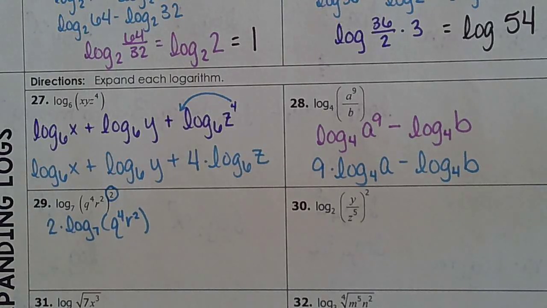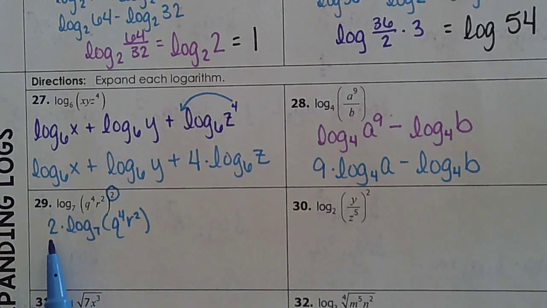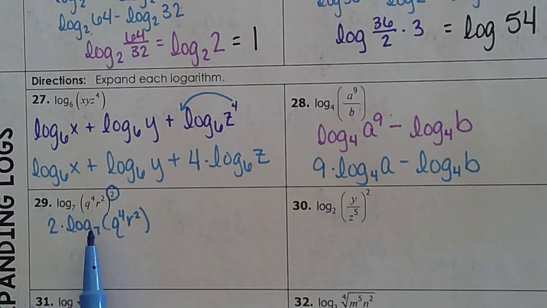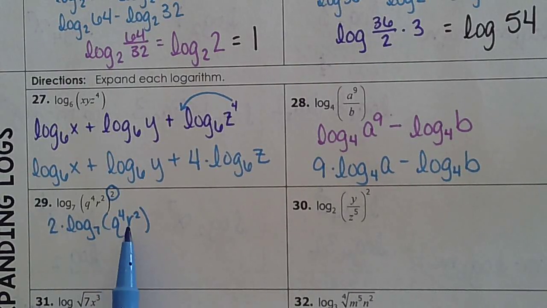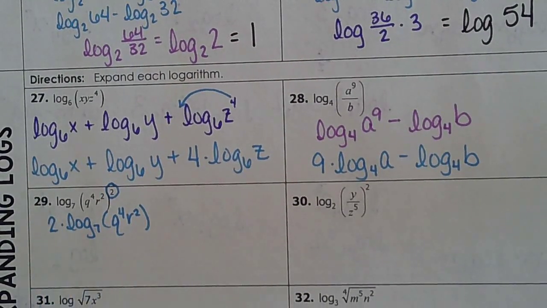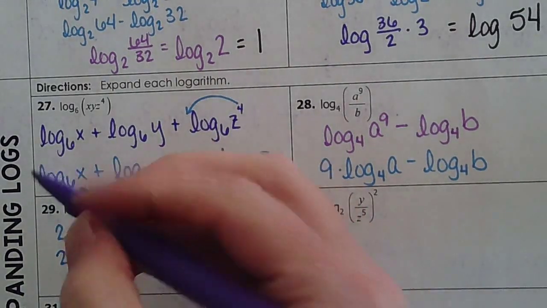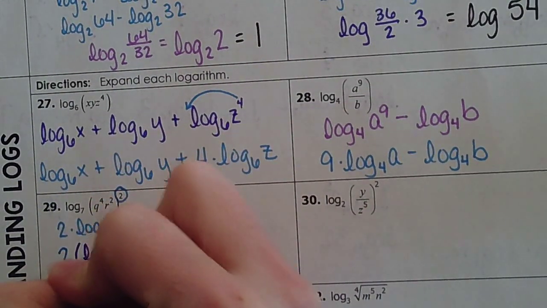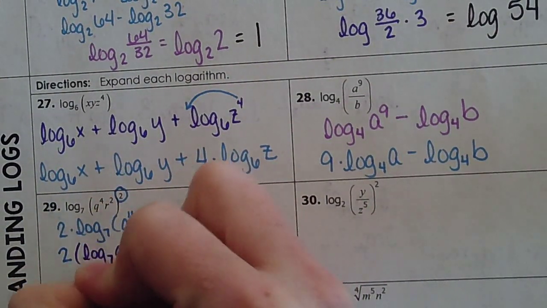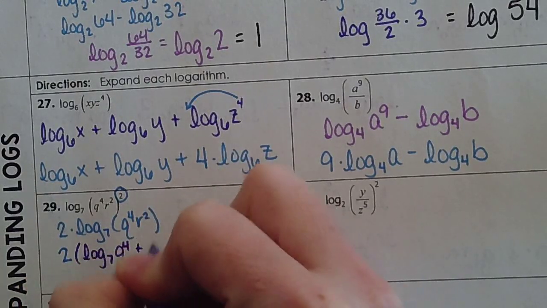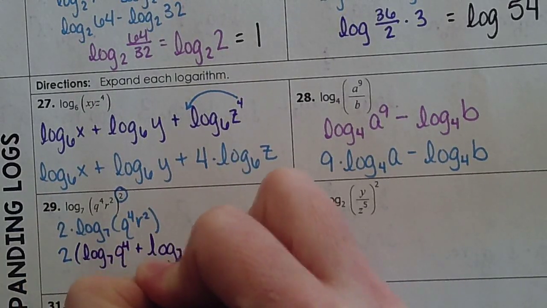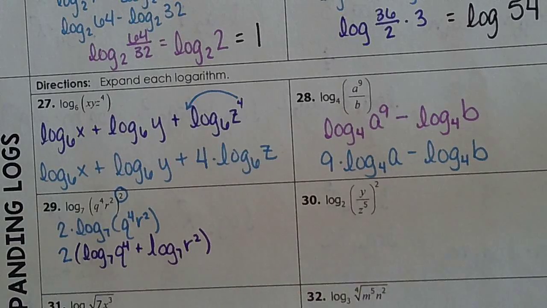And when I turn it into an addition problem, I'm going to have two log statements, log of q, log of r. This 2 has to hit both. So I'm going to go 2, parenthesis, log base 7 of q to the 4th plus log base 7 of r squared.